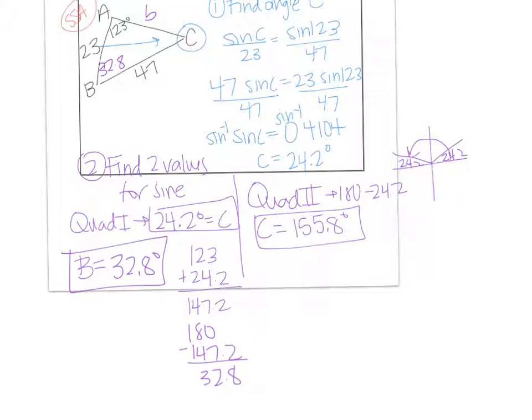So now I'm going to do the sine of 32.8 over little b equal to the sine of 123 over 47.